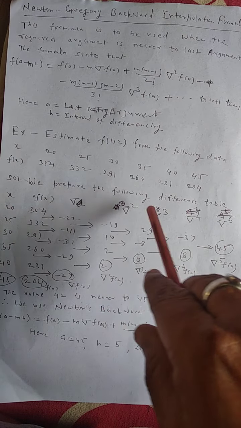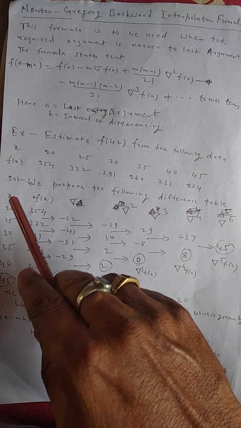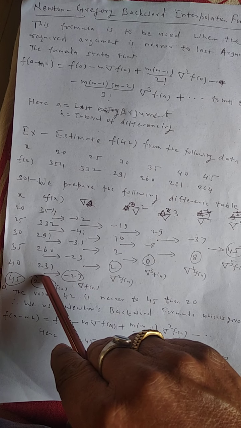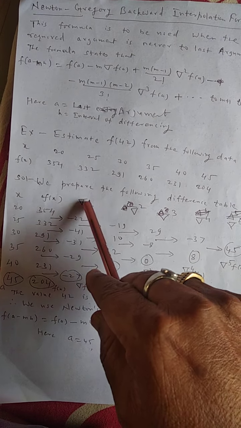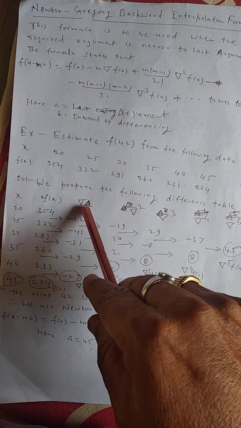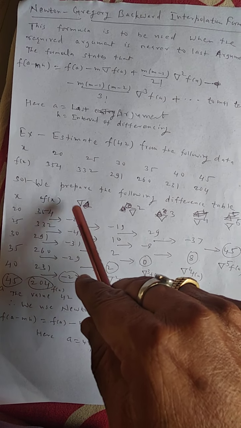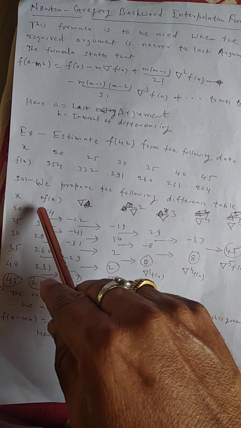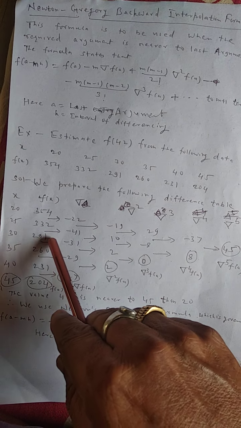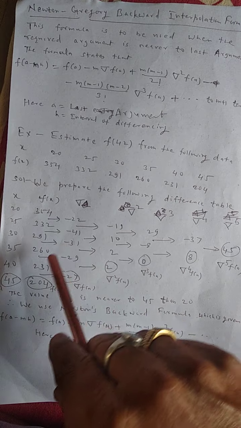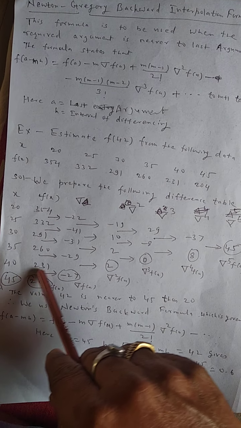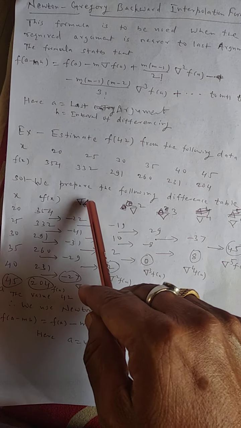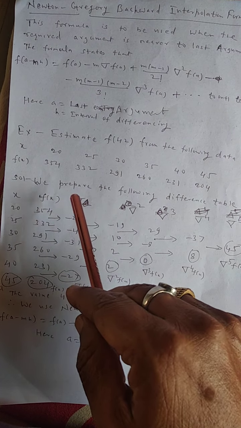So we prepare the following difference table. The first column is of x, the second column is of fx. From the third onwards, we write del. We use the same technique: 332 minus 354, 291 minus 332, and we take the last values. Therefore it is a backward difference table.